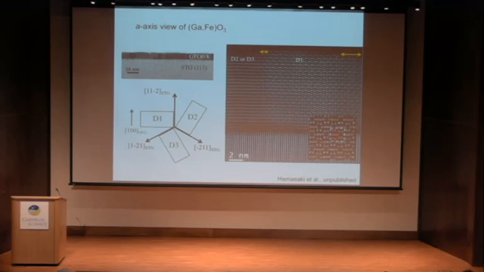And this is one example of the structure of the thin film. This is the case for gallium ferrite. This is the substrate, STO 111, and this is the film of gallium ferrite. You can see that the calculated structure agrees with the observed one.